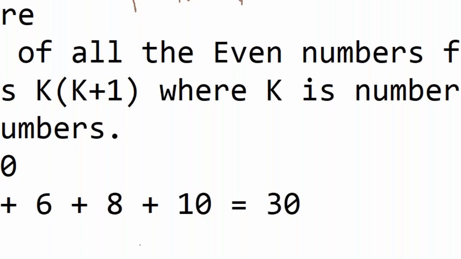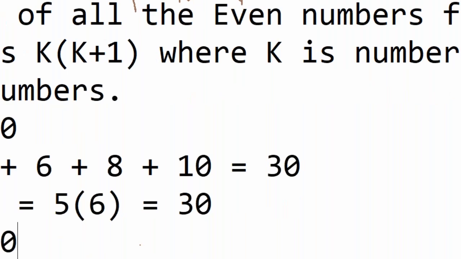5 even numbers. Whenever we know the number of even numbers is 5, the sum of these even numbers is 5 into 5 plus 1, nothing but k into k plus 1. So 5 into 6 is how much? 30 is the answer. So exactly half the number.